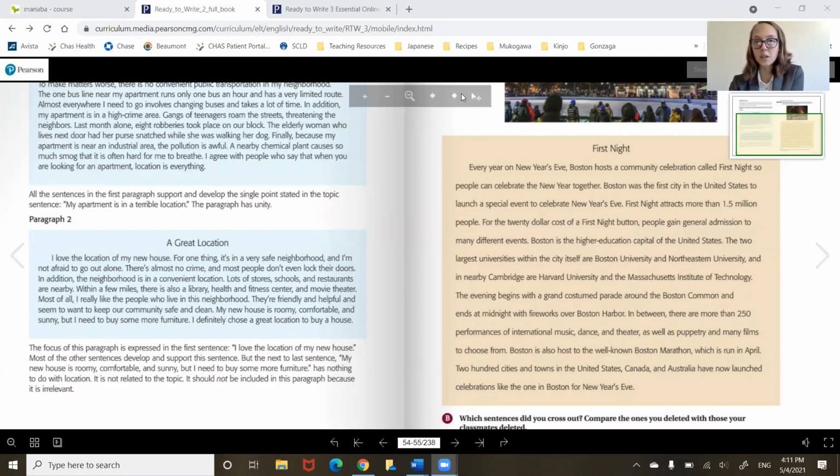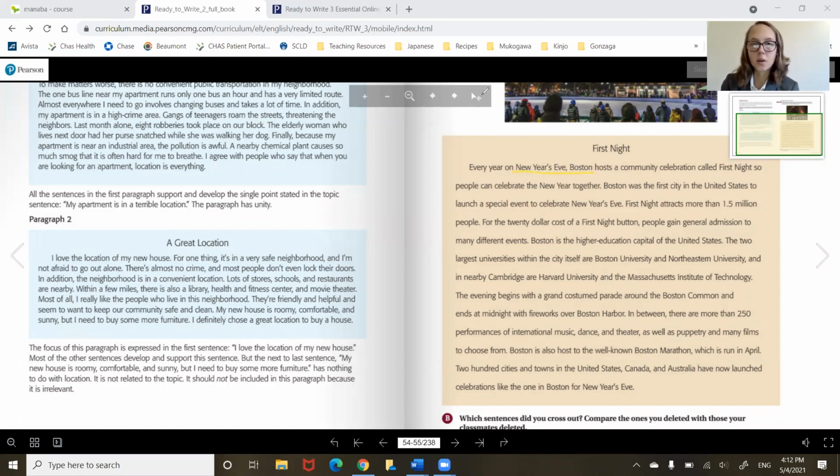It tells the reader what you're talking about, and then it controls the rest of the sentences. So we're talking about New Year's Eve, Boston hosts a community celebration called First Night. Okay, so we're talking about New Year's Eve in Boston.